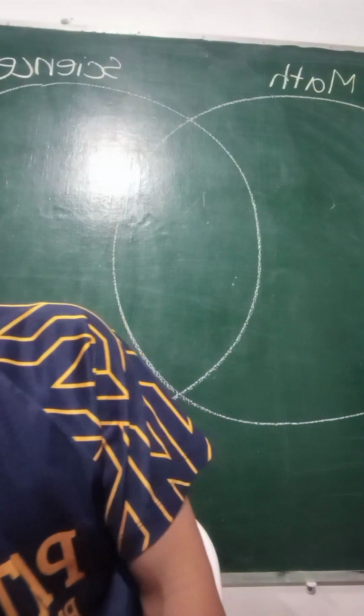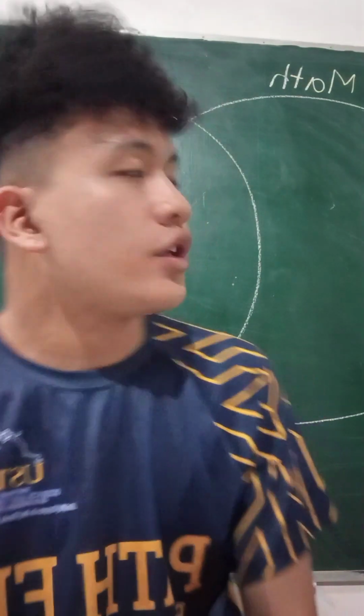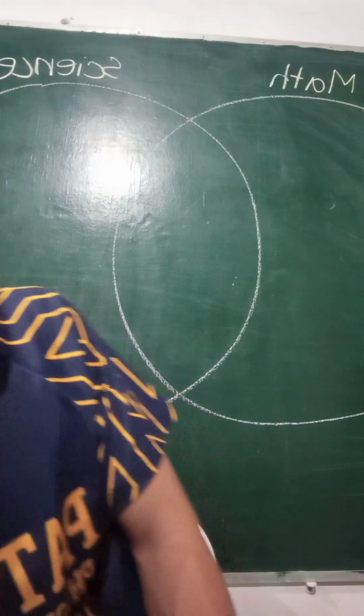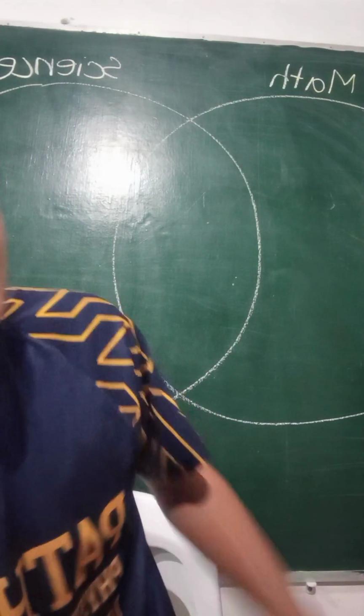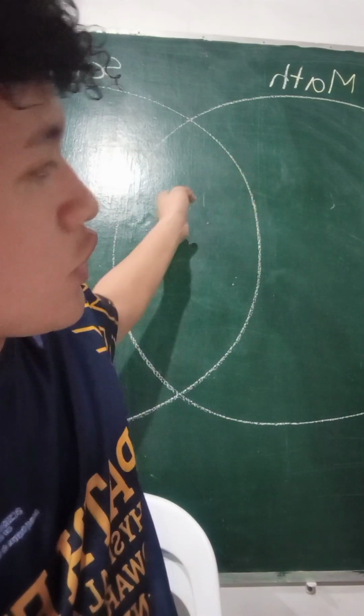The mechanics for this activity is very simple. As you can see, I have drawn two big circles, and on the top part there is the words math and science, and this is the part where the two circles overlap. So this is the intersection.